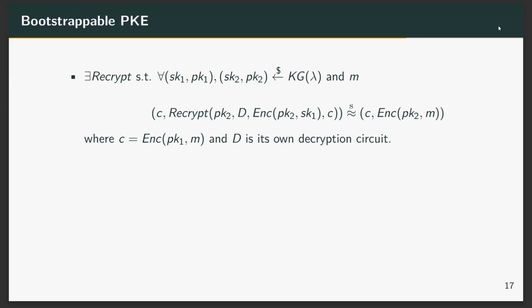Basically, for a public key encryption scheme, there exists a re-encryption algorithm such that, given two pairs of public key and secret key, if you put in the encryption of SK1 under PK2, where D is the decryption circuit of the same scheme, and re-encrypt it, it gives you the encryption of message M under public key 2, where C is an encryption of the same message under public key 1.